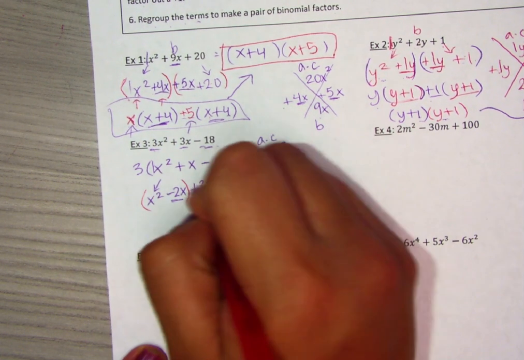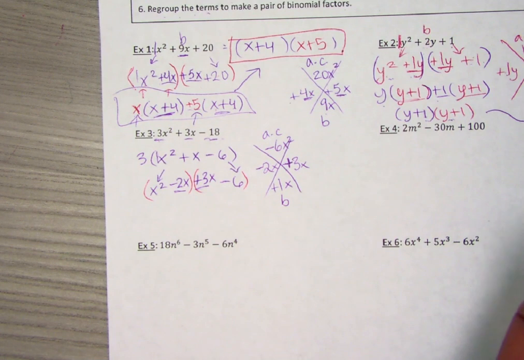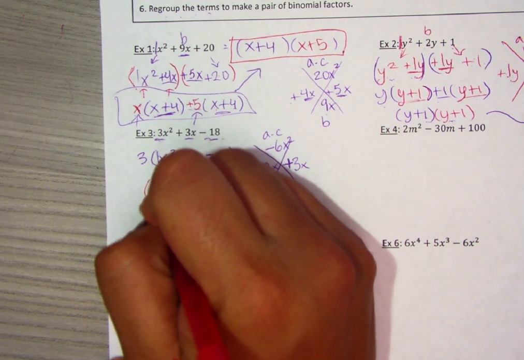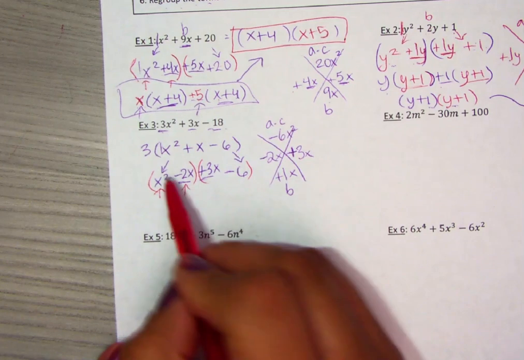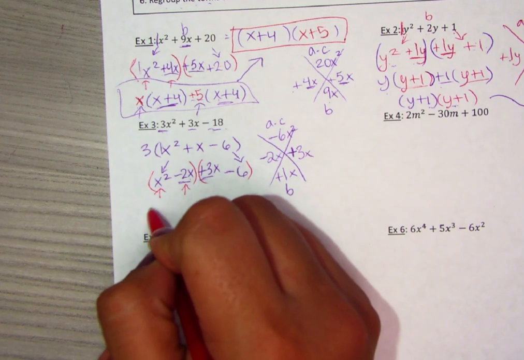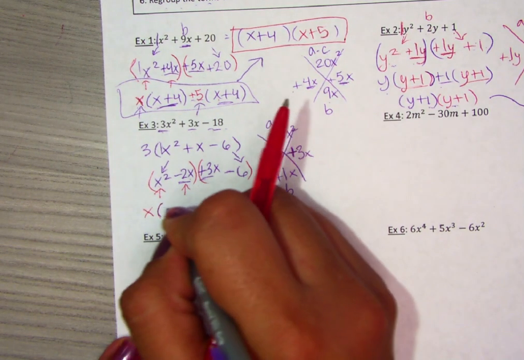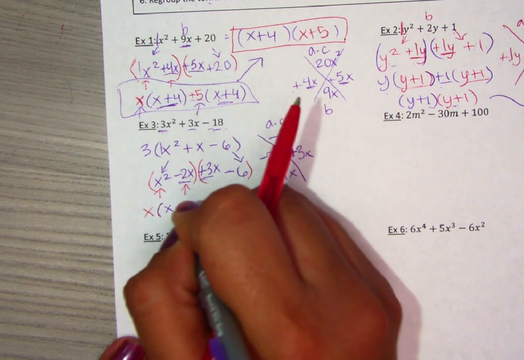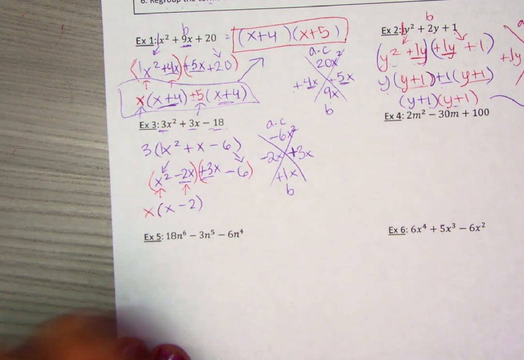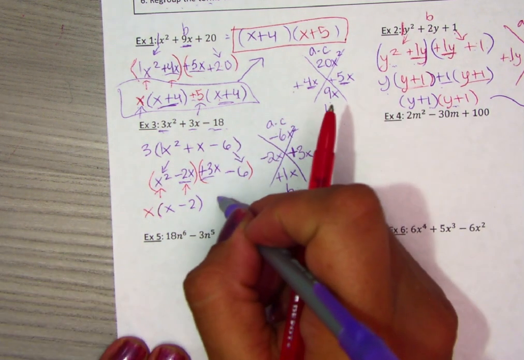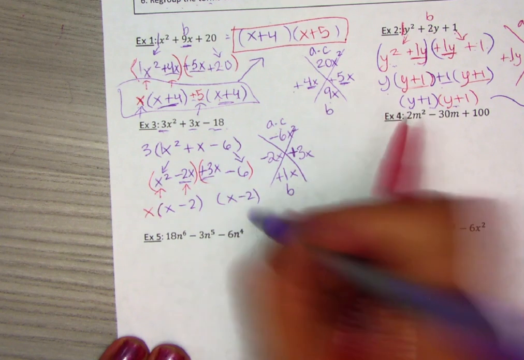And then you group, write your parentheses between those. And then you have, what do these two have in common? They have x. So we're going to have a GCF of x, so we're left with x minus 2. You leave a little space, and then you write x minus 2 again.